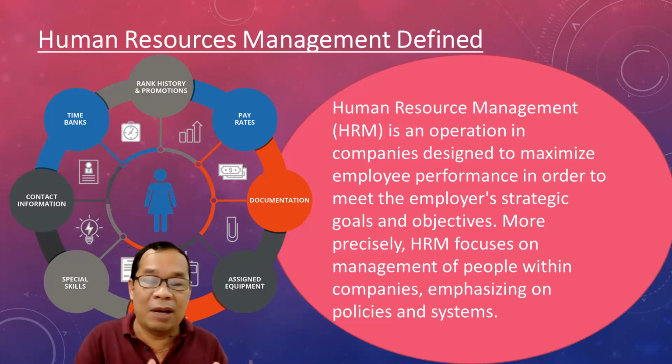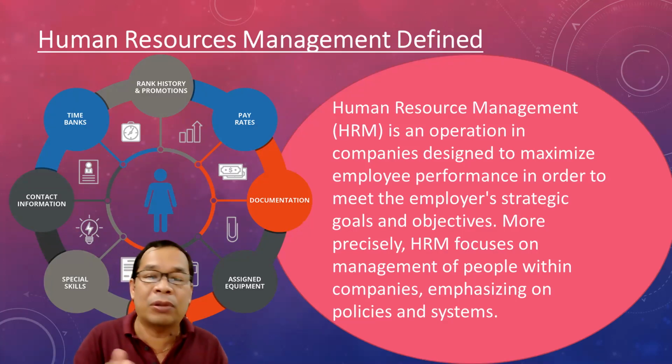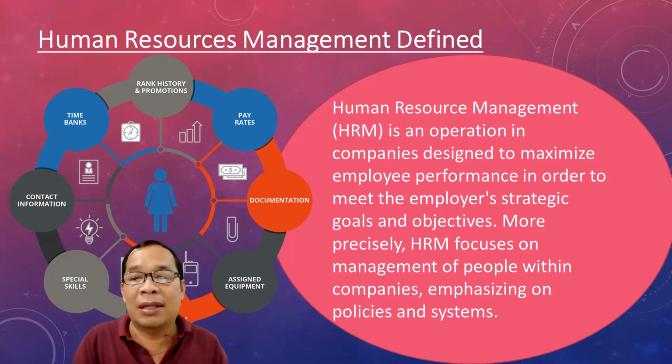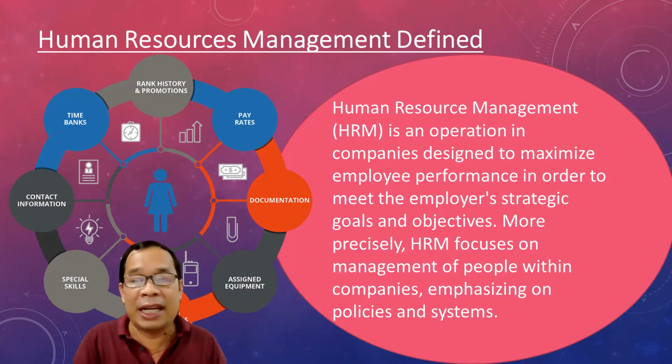These should be carried out by no less than the members of the workforce. So human resource has a vital role in achieving the objectives through the workforce or the working personnel in a certain organization.